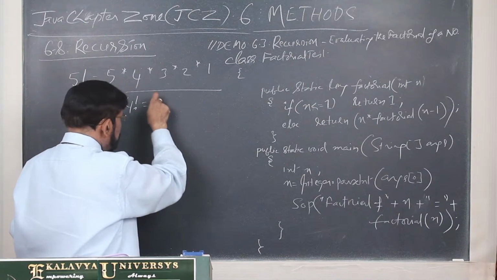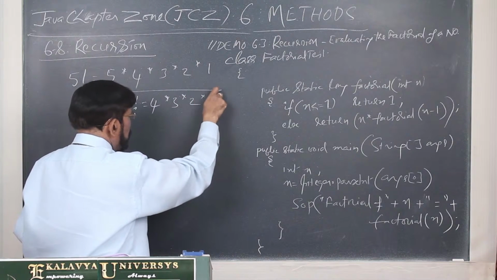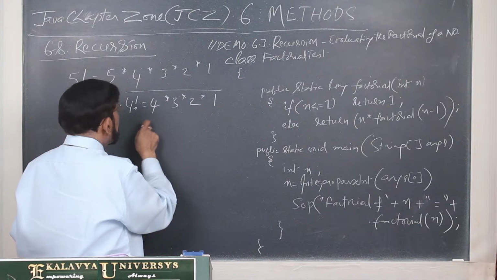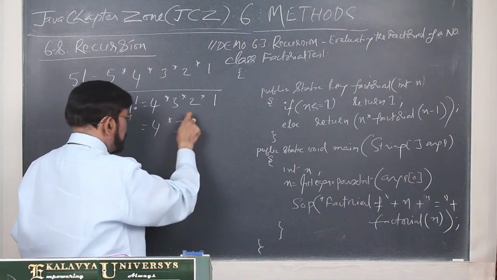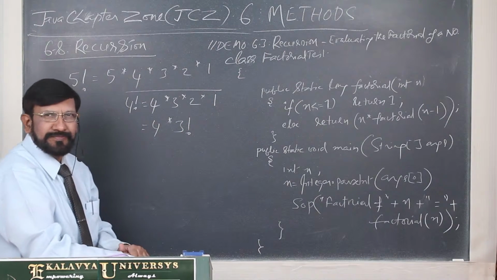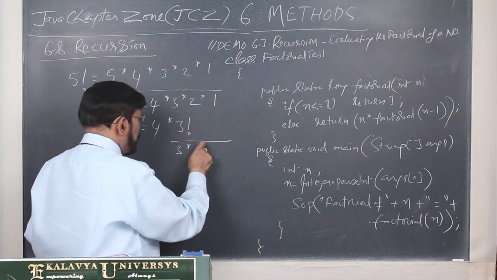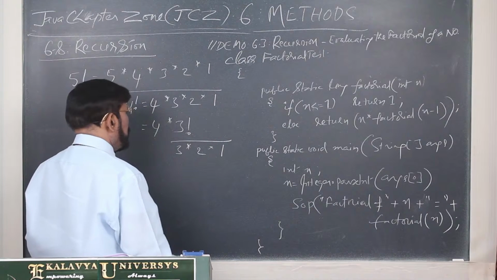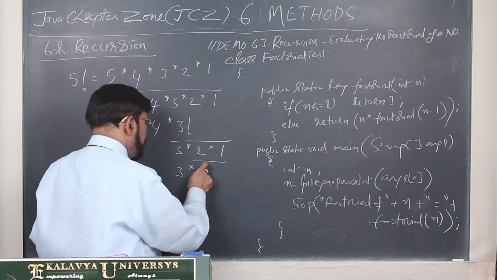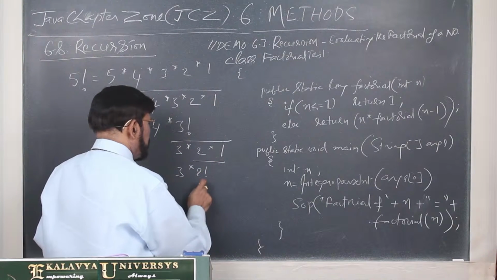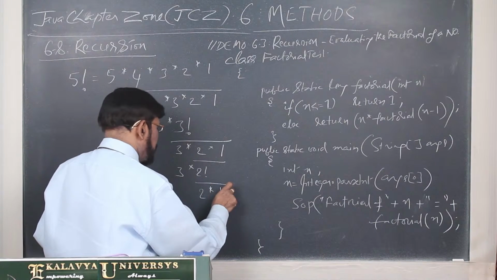What is 4's factorial? 4, 3, 2 and 1. Then this I can rewrite as 3's factorial, which means 3 into 2 into 1. Now this can be written as 2's factorial, which is 2 into 1's factorial.